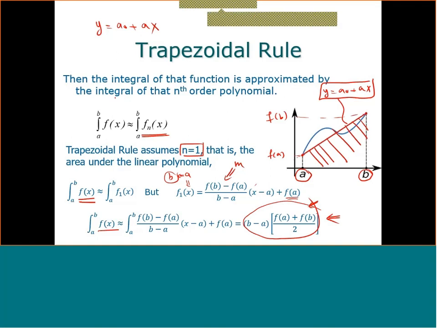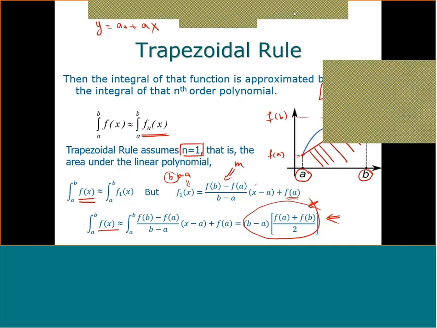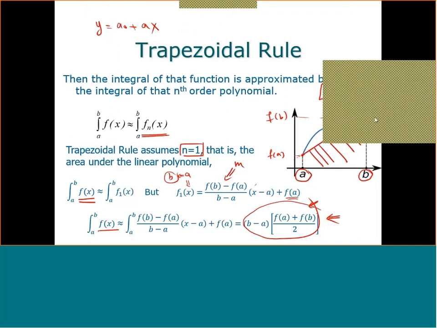It's much better to represent this as a summation of smaller trapezoids, and you can imagine that the smaller the trapezoids you have, the higher the accuracy you can get, as we will see in the example. So in fact, we don't need to find the expression for f1. Rather, as long as f of a and f of b are known, the integral can be approximated.